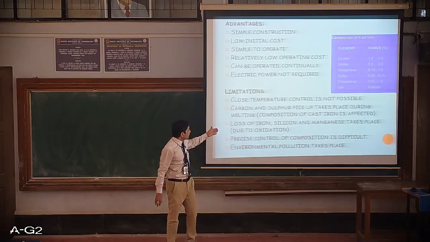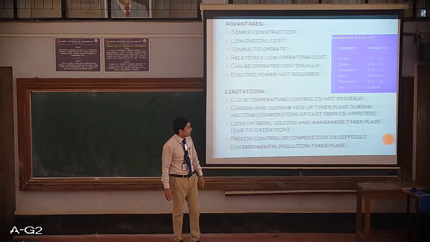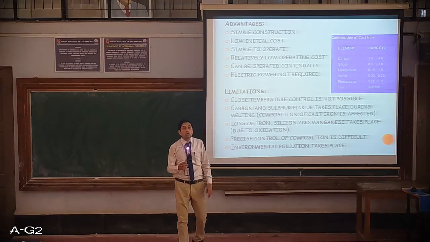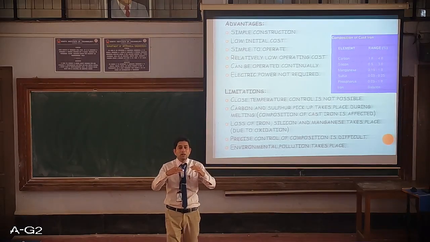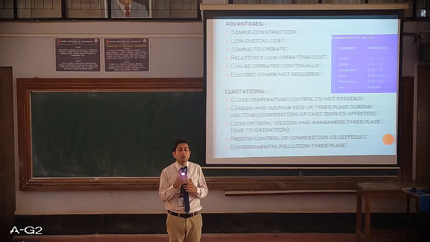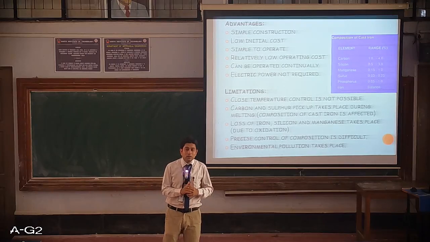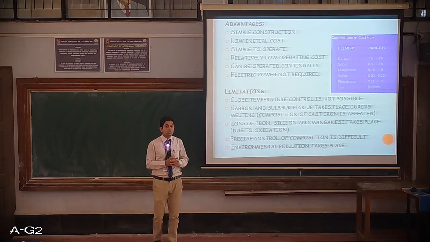The third disadvantage is that there is a loss of iron, silicon and manganese due to oxidation. The cast iron is being melted while slightly open to the atmosphere. It reacts with the oxygen present in the atmosphere to form oxide. That leads to a deterioration of the final casting and its properties.